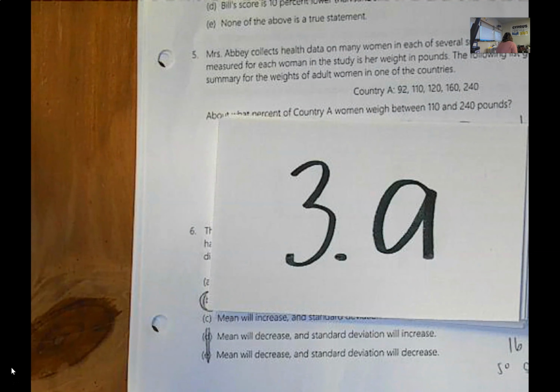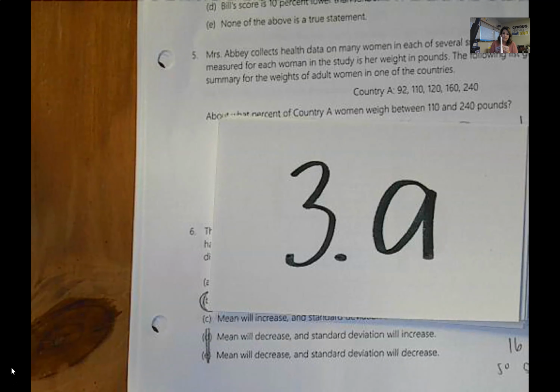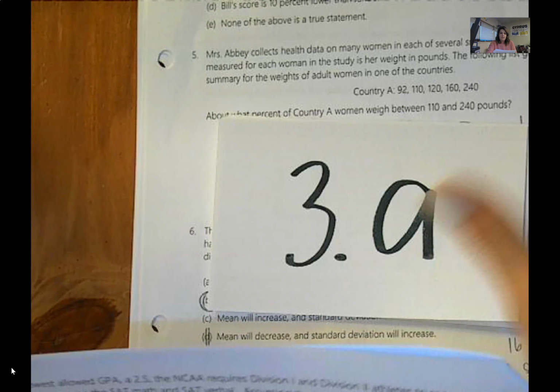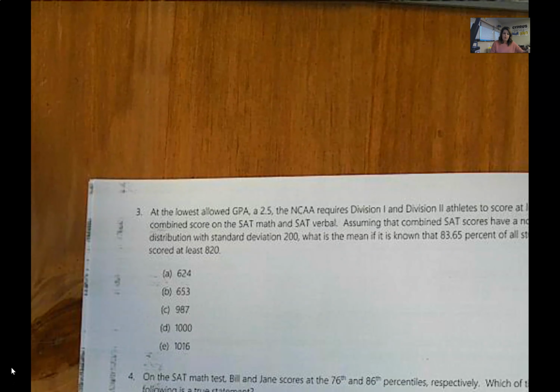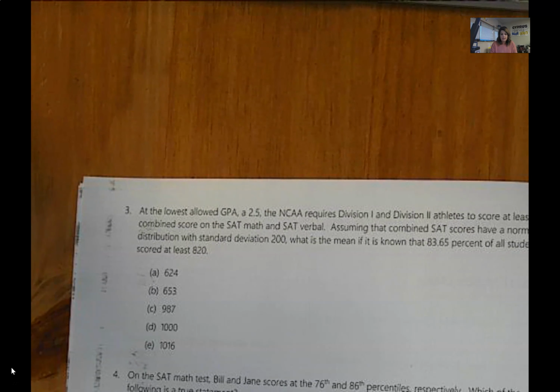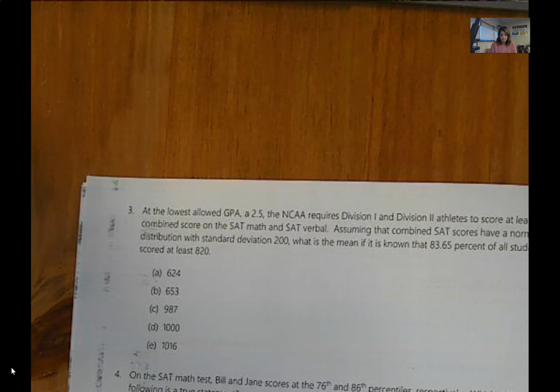Okay, on number 3, I'm just grabbing a practice test. So on number 3, it says the lowest allowed GPA, a 2.5. At the lowest allowed GPA, the NCAA requires Division I and Division II athletes to score at least an 820 combined score on the SAT Math and SAT Verbal.